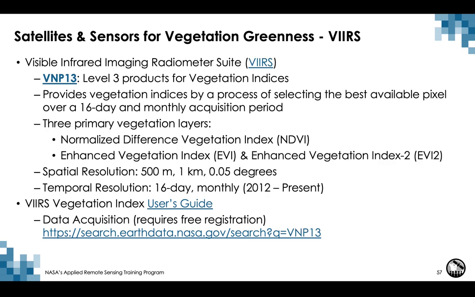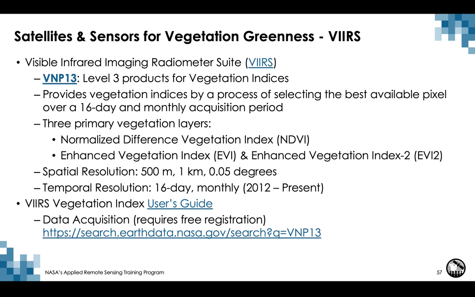VIIRS is building on the ongoing, roughly 40-year-old NDVI time series of AVHRR and will expand on the 20-year MODIS Enhanced Vegetation Index time series. The VNP13 product provides 3 primary vegetation layers: NDVI, EVI, and EVI2. EVI2 is a modified EVI, or Enhanced Vegetation Index, that eliminates dependency on the blue band and addresses some of the operational EVI issues.